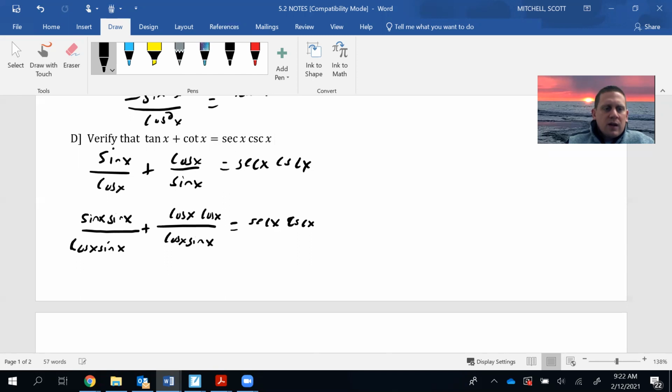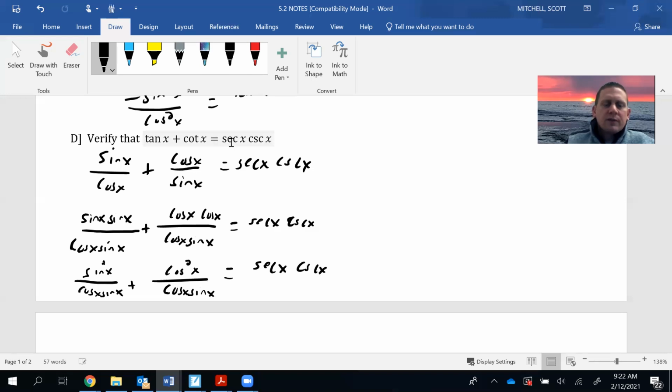So when you do that on top, you get sine squared of x over cosine sine x. Then over here, you get cosine squared over cosine sine. And we still equal secant times the cosecant. Then we can put our 2 fractions together as cosine sine on the bottom.